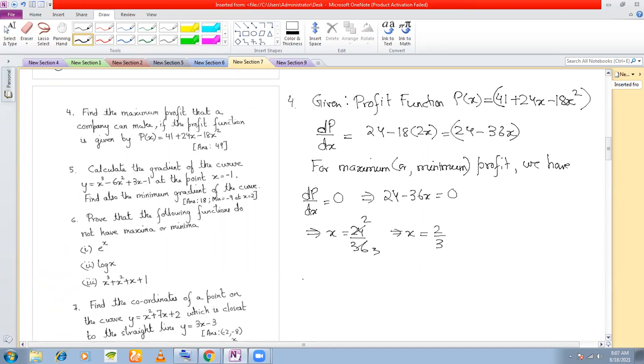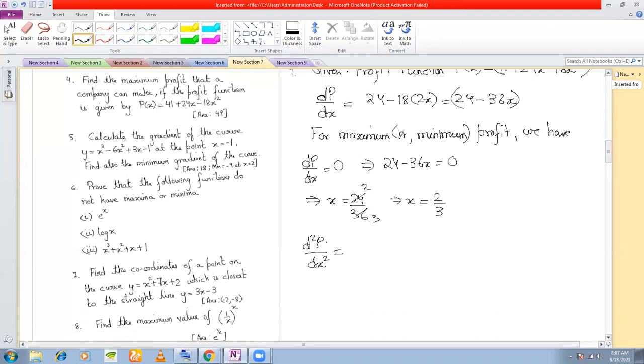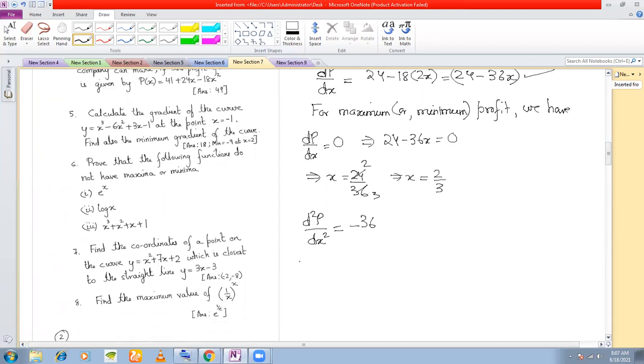Now how to check whether profit is maximum or minimum? Find the second derivative, d2P/dx2. If you differentiate this one, you simply get -36. But you need d2P/dx2 at what point? At x equal to 2/3. See, d2P/dx2 is a constant function, right?